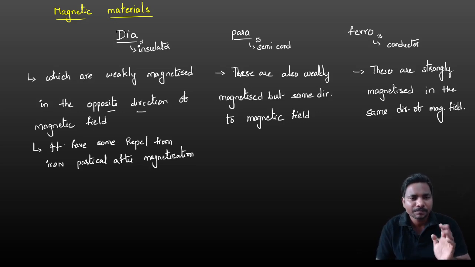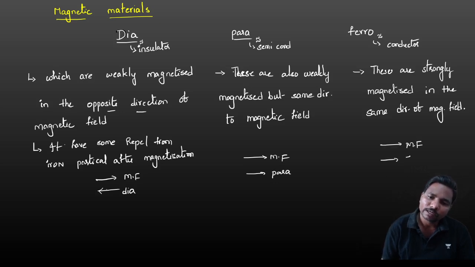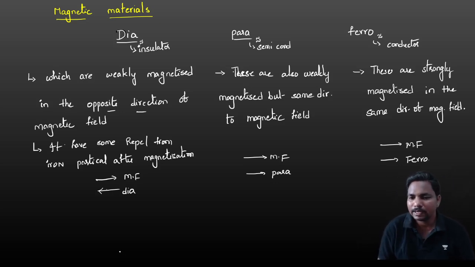But the direction: if this is the magnetic field direction, diamagnetic materials are magnetized opposite. The paramagnetic materials are magnetized in the same direction, and ferromagnetic materials also in the same direction.